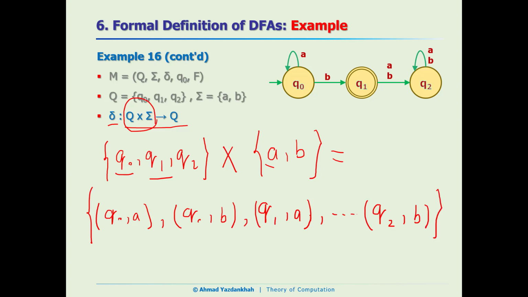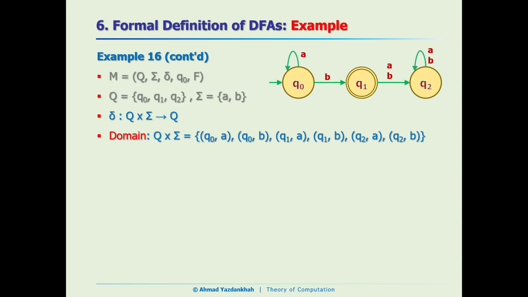So this is the domain of this machine. What is the range? The range is just Q. Yeah, let me make it a little bit neat. So this is the domain and this is the range. Now the question is, what is the function rule? The function rule, we can read it from this design. For example, Q0A means that if you are on Q0 and you read the input A, what does the machine do? It stays on Q0.